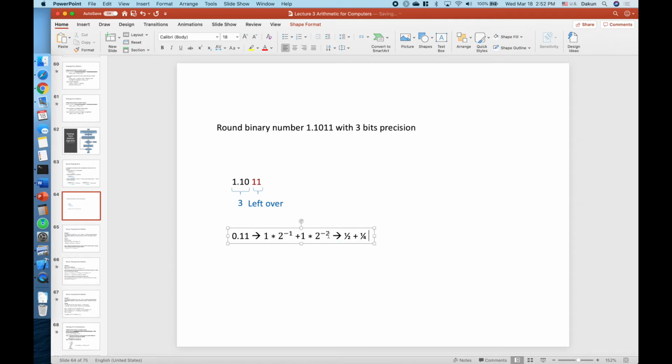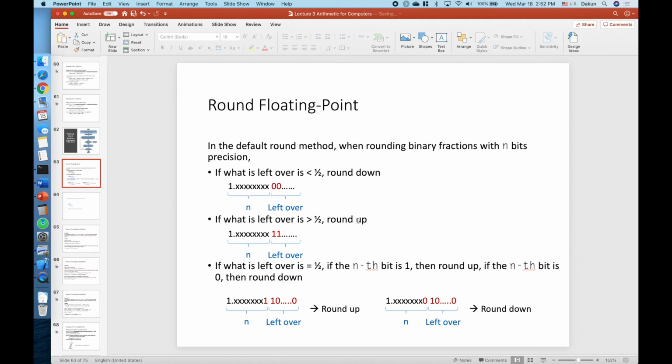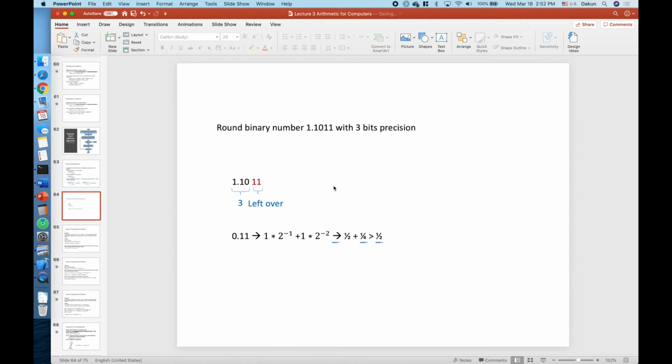And clearly this number is bigger than 1/2. Therefore, according to this rule, we should round up. So this number is rounded to 1.11.